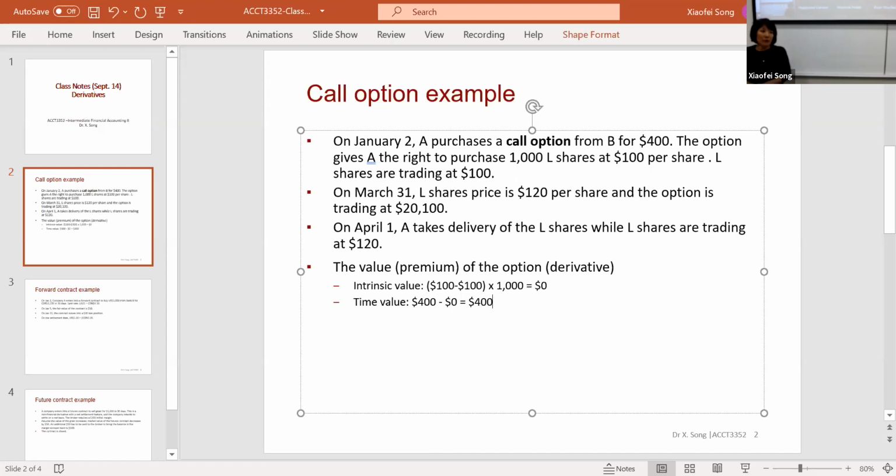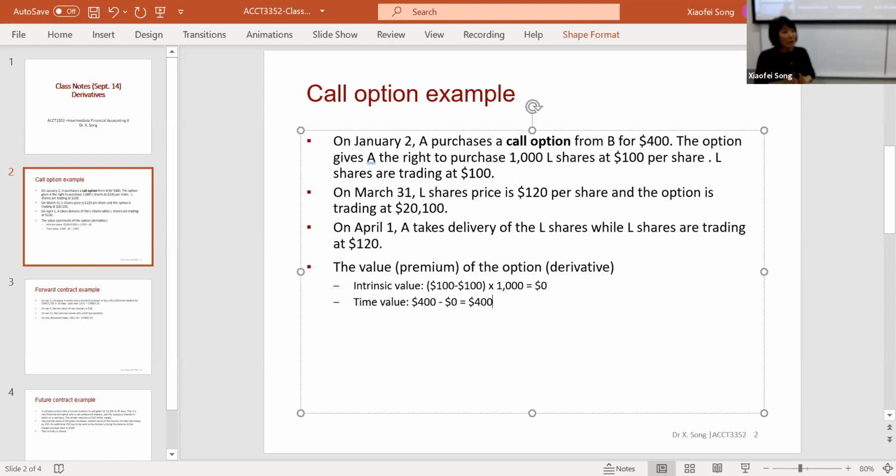Becomes $90, for instance. Good thing this is an option, right? Good thing you have a choice to use it or not, because if the L share price becomes $90, you will not be very smart to use the option because you have to pay $10 more per share.